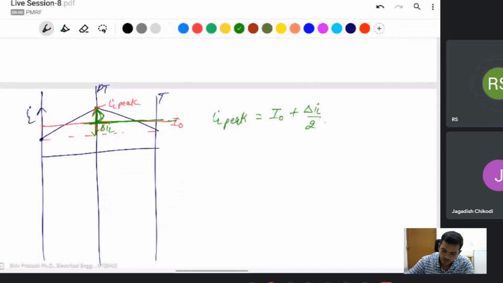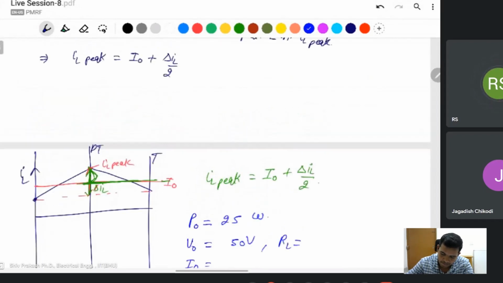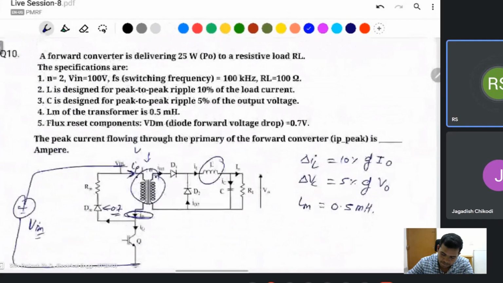Now first calculate the output current. P output is given as 25 watt. RL is given as 100.